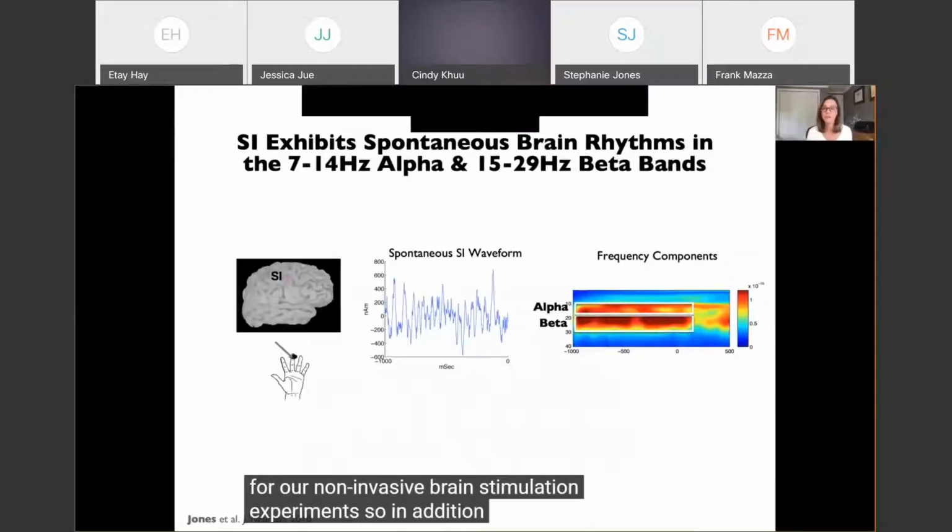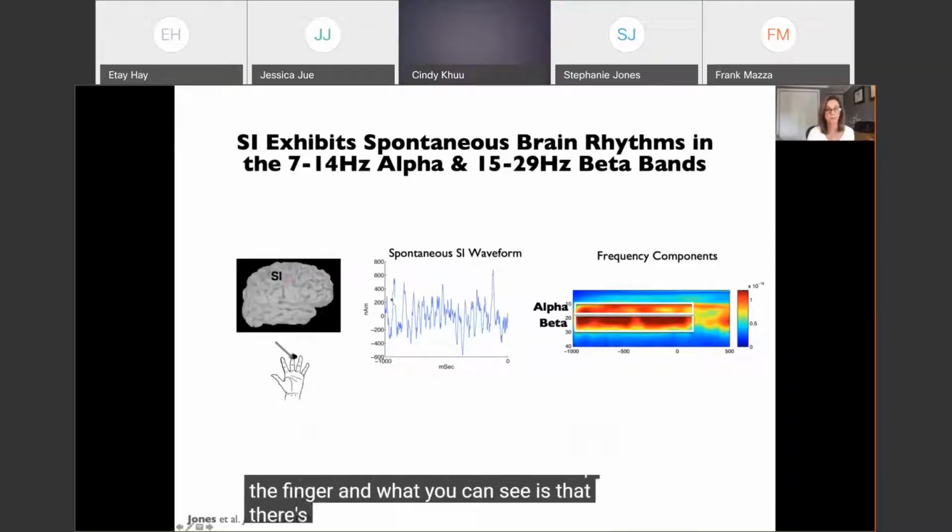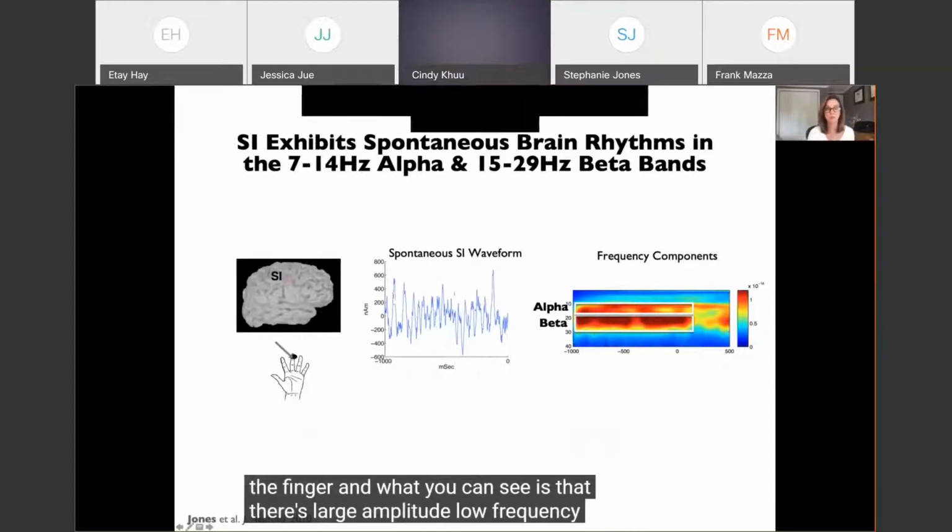So in addition to looking at properties of the evoked response, we've been investigating how brain rhythms impact somatosensory perception. And so what I'm showing you here is during the same tactile detection experiment, we're looking at the spontaneous signal from the hand area of S1 before we tap the finger. And what you can see is that there's a large amplitude, low frequency oscillation.